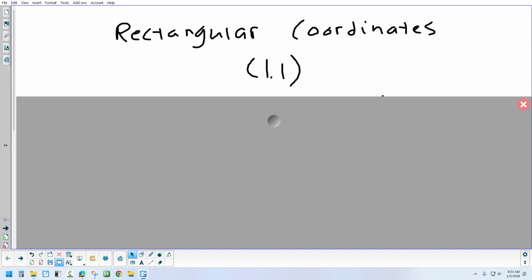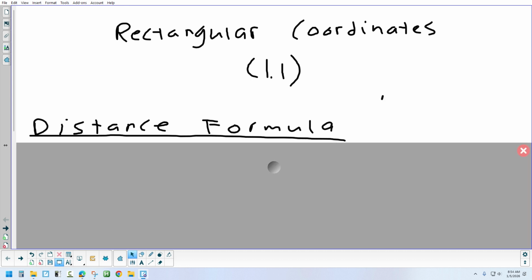That would be a little different because the surface of the Earth is spherical, well, mostly, but it's on a curve. Okay, so we're going to be dealing with trig on a flat surface. And the first formula that we're going to look at, out of two today, is the distance formula. Okay, so the distance formula is based on a triangle, and it helps us to get the distance between two points.